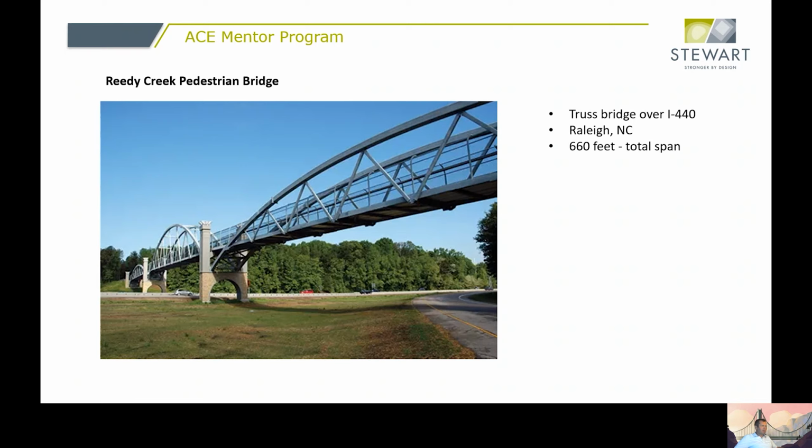So it's 3 main spans, and these are just massive truss bridges. And the top of the bridge there, as it crosses over the highway, is about 55 feet up in the air. Some of you may have been over this bridge, but it's a pretty impressive sight too. Not as impressive as the Cooper River Bridge, but nonetheless, for a local bridge, it is the longest pedestrian bridge in Raleigh.